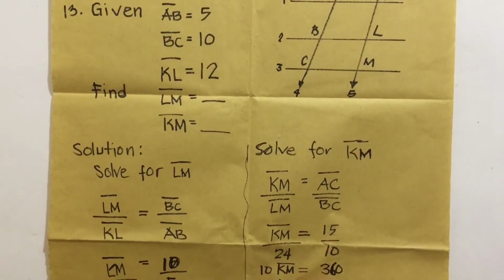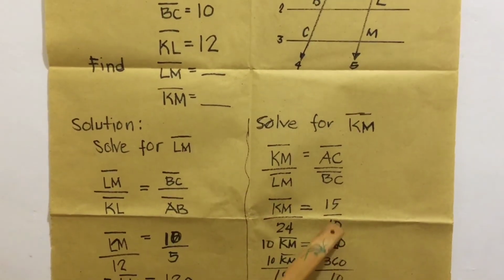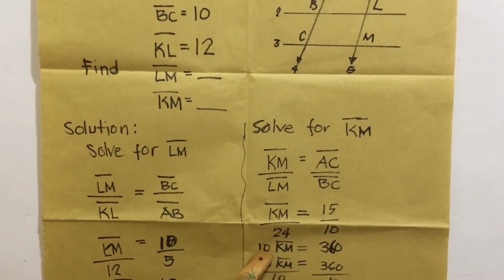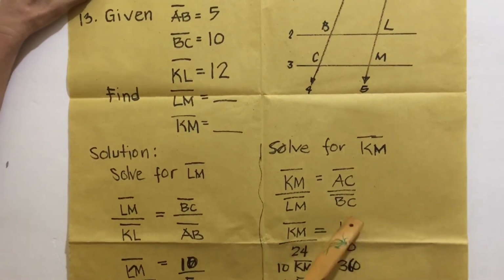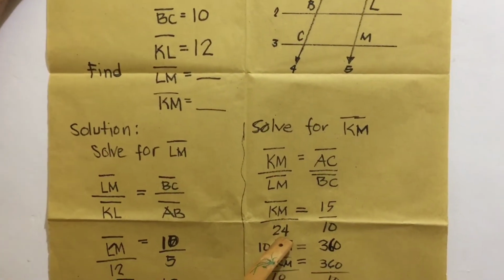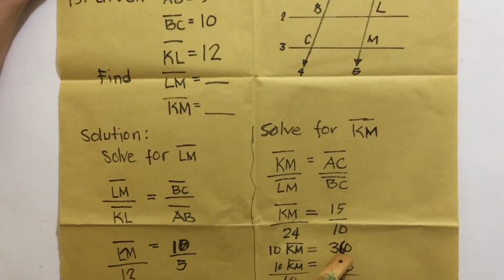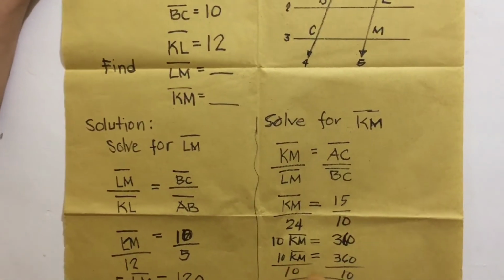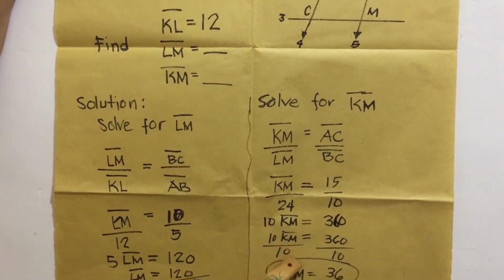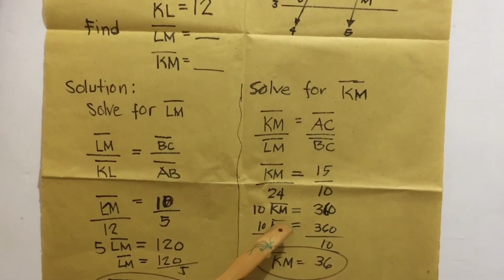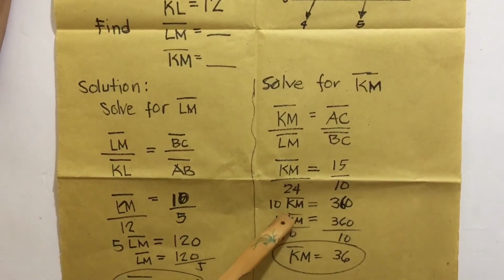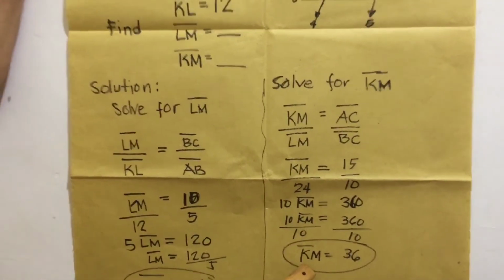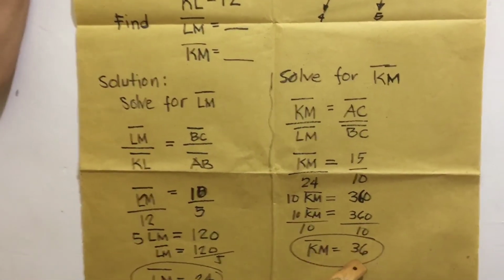Then cross multiply: 10 times segment KM, we have 10 KM, then 15 times 24, we have 360. Then we divide both sides by 10 to eliminate the numerical coefficient of KM. Then we have KM, and 360 divided by 10 equals 36.